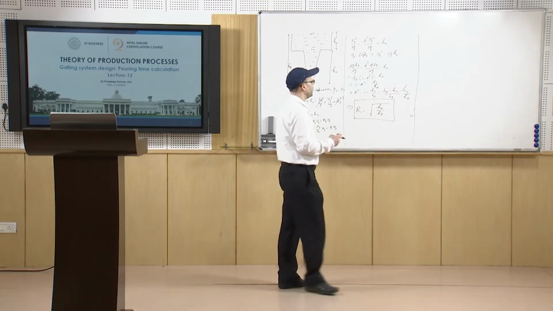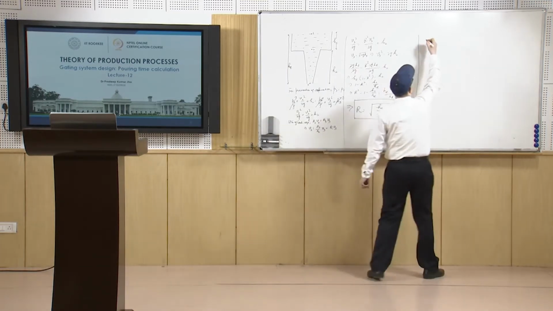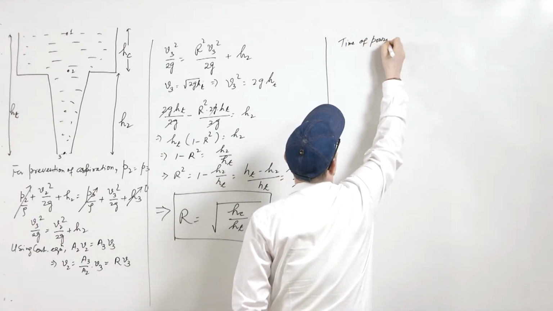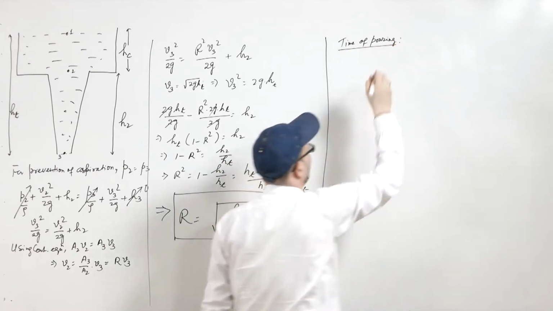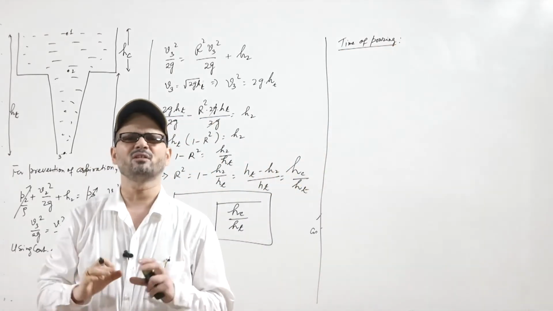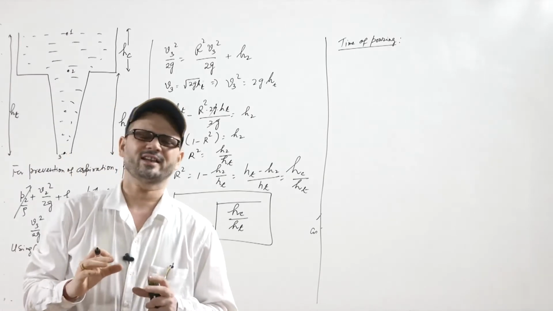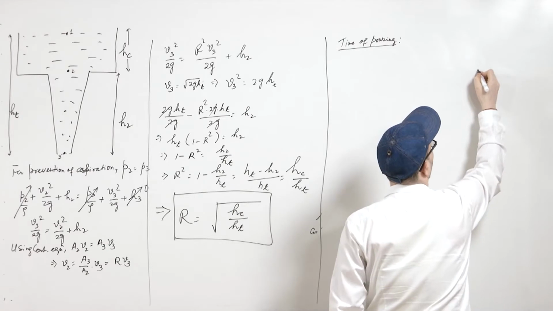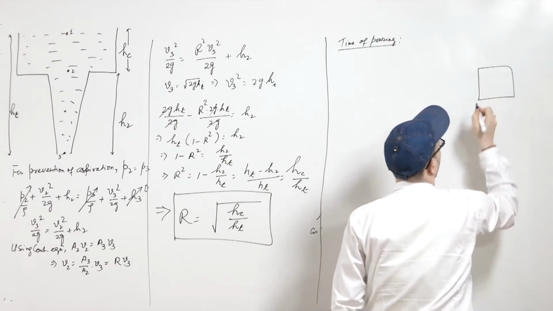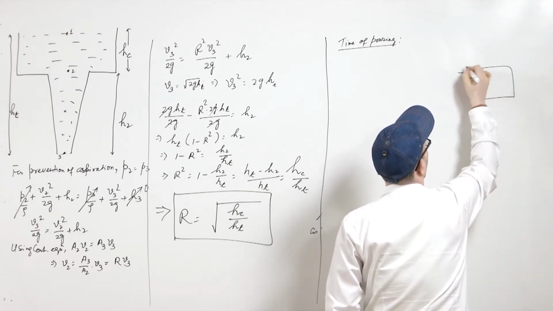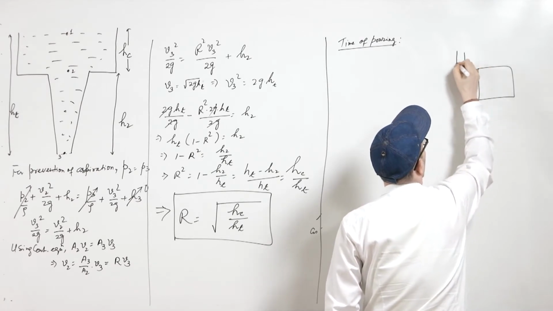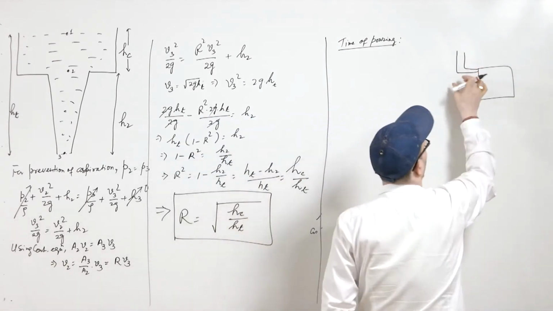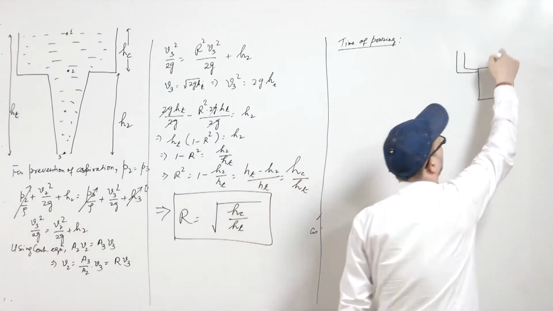So, we are going to discuss now the time of pouring. Now, how to find the time of pouring? It is very simple in the case of top pouring, because in top pouring you have the mold cavity and the sprue coming up, and this may go from the side or from the top.